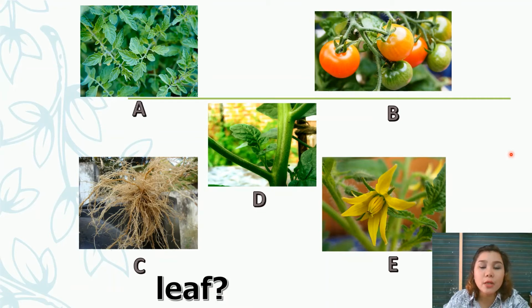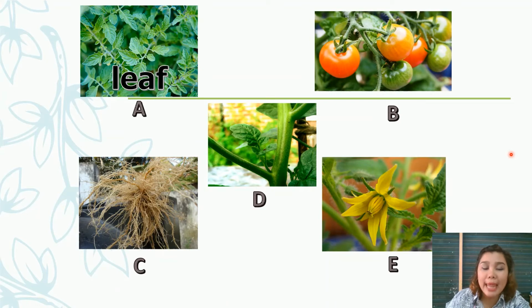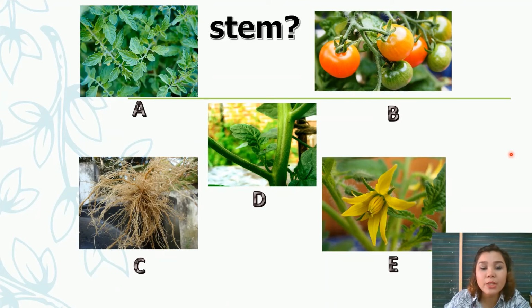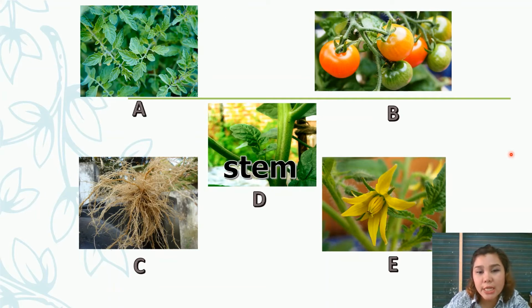Okay. Next, how about the leaf? We have 3 choices left, A, D, and E. Which is the leaf? Is it A, D, or E? The correct answer is A. Okay. Next one, which is the stem? We have 2 choices left. Is it D or E? The stem is letter, okay, D. And the last one, what do you call this plant part?